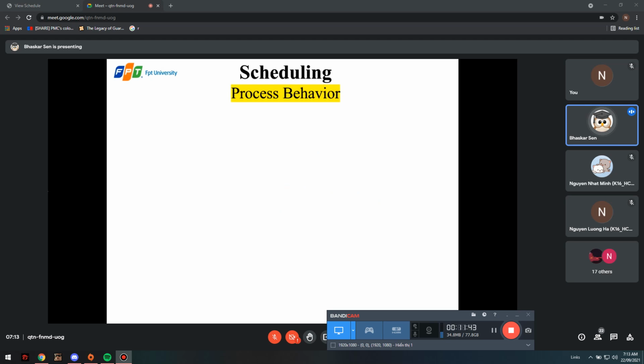Process behavior is an important thing, and we already know the concept that we are going to talk about. But here we are going to re-emphasize that little part.